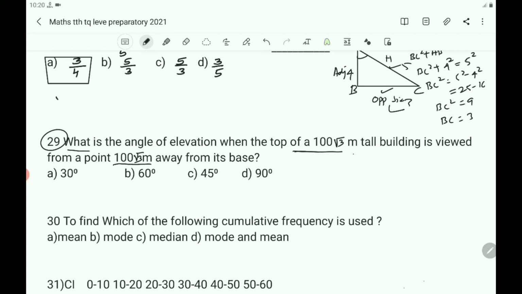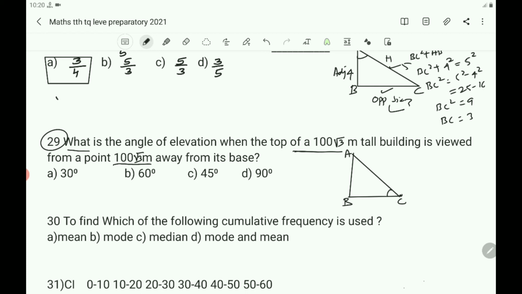So here, this is the building and this is the point from which the building is viewed. If you take AB as the building, C is the point from which the top is viewed, what is the measurement of the angle?